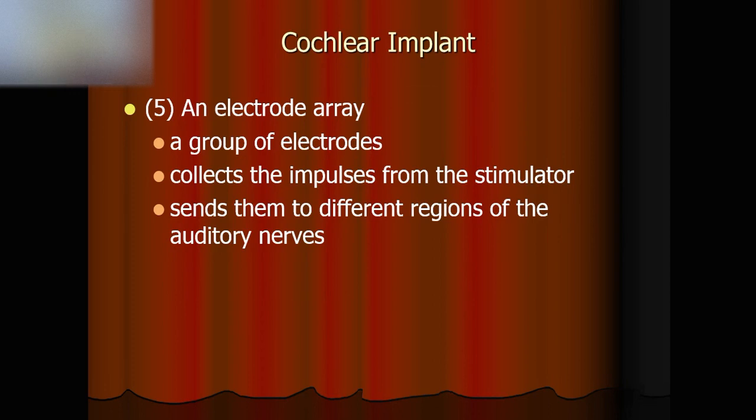For example, some products have 22 dots. That means there are 22 electrodes. Each electrode has its own role and has its own way to generate its own electric current.